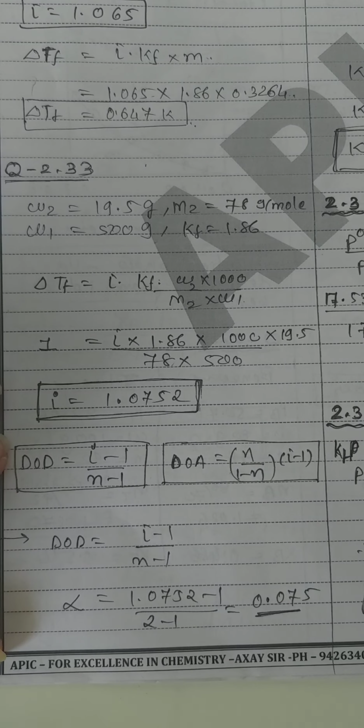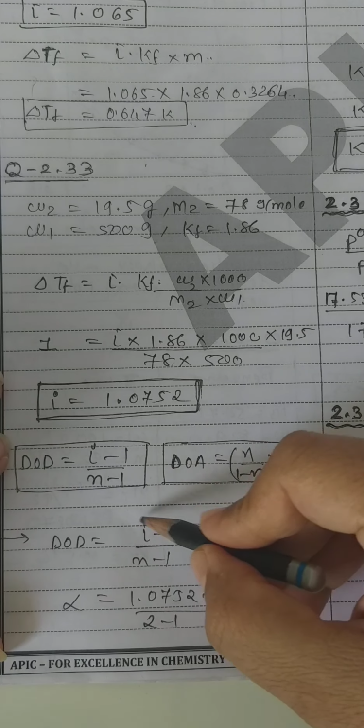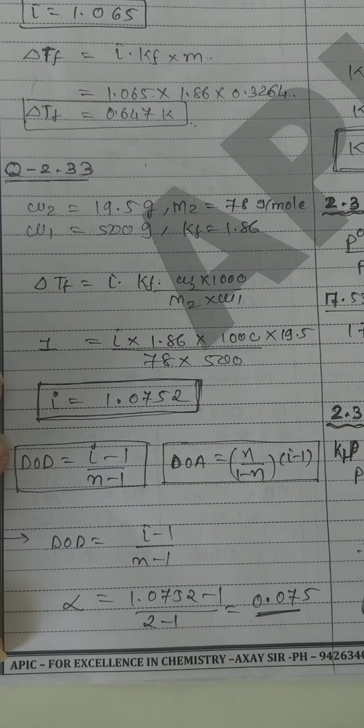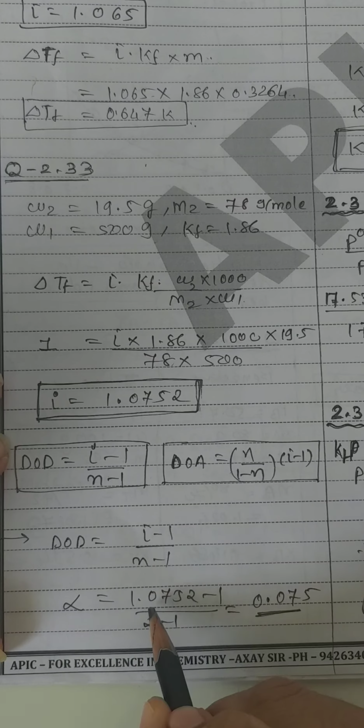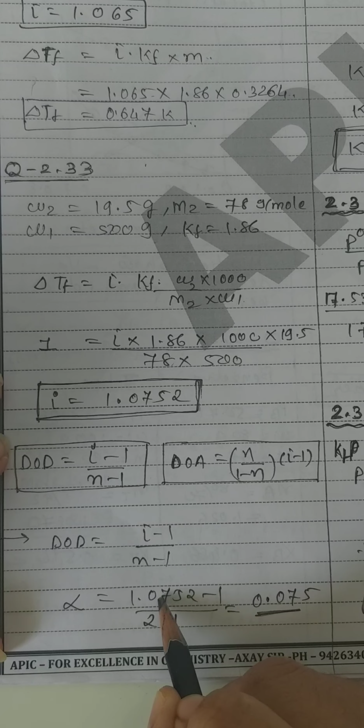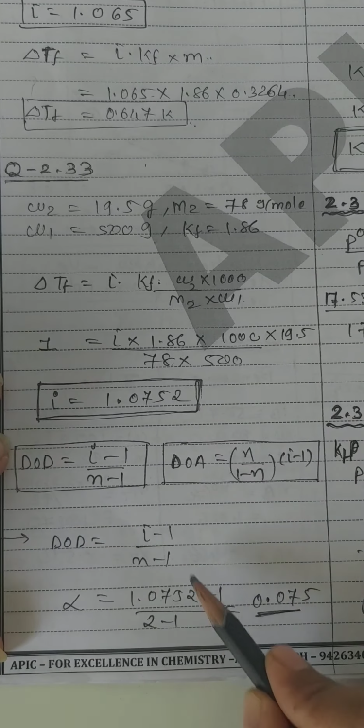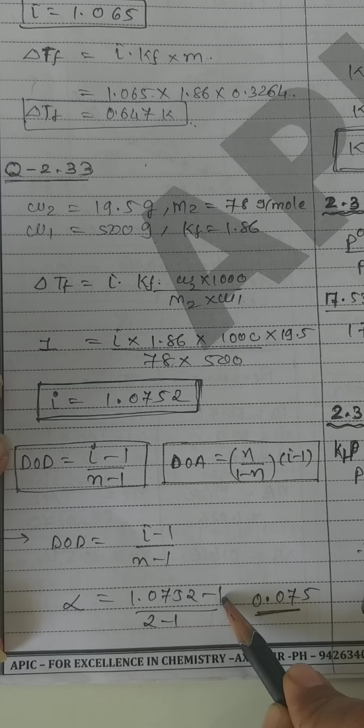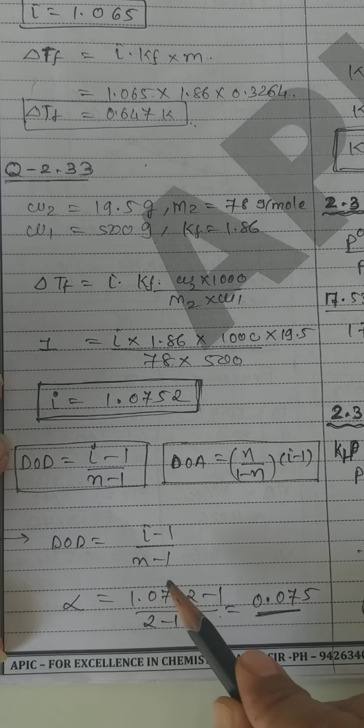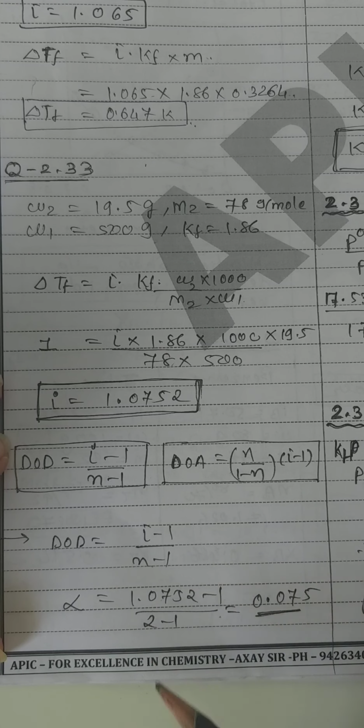Here we have to calculate degree of dissociation because it's an acid. So (i minus 1) upon (n minus 1), okay. So degree of dissociation, the symbol is alpha. i is 1.0752 and it is minus 1. Why is it minus 1? Yes, according to the formula, n is the actual number of ions.